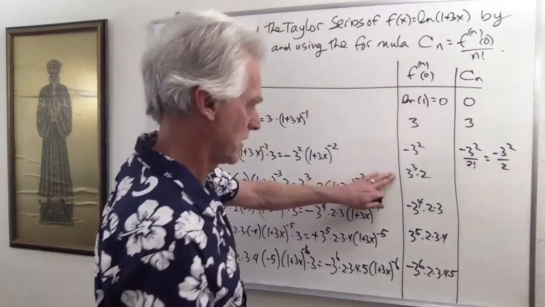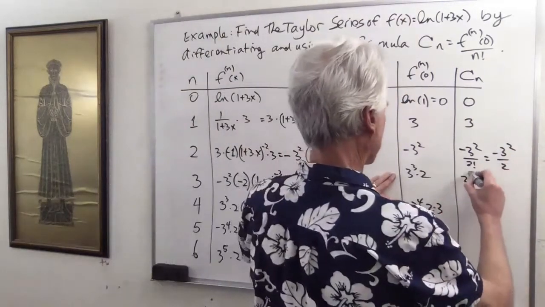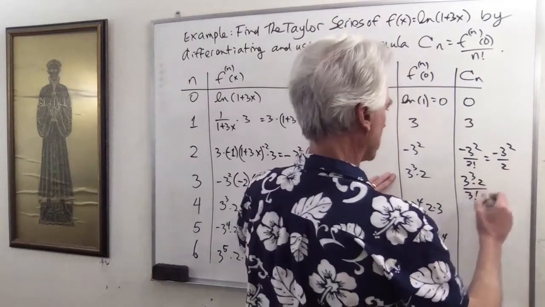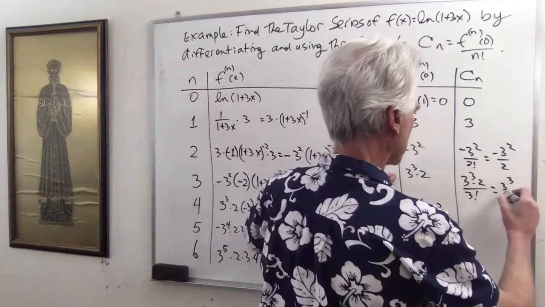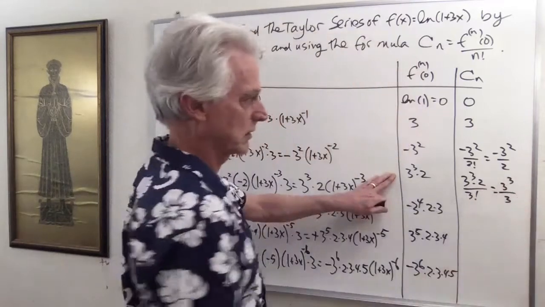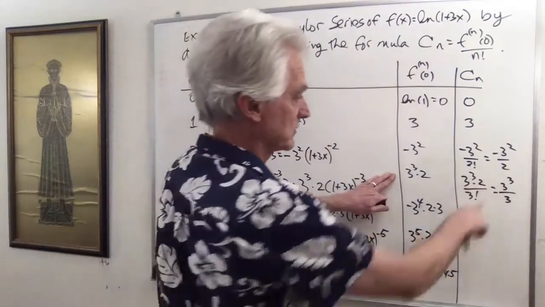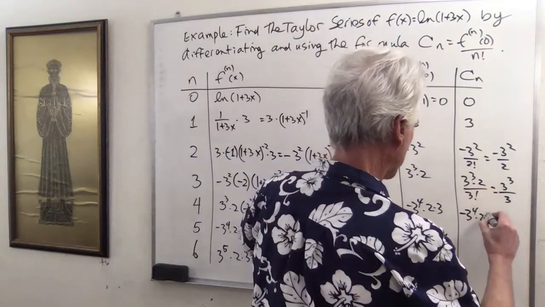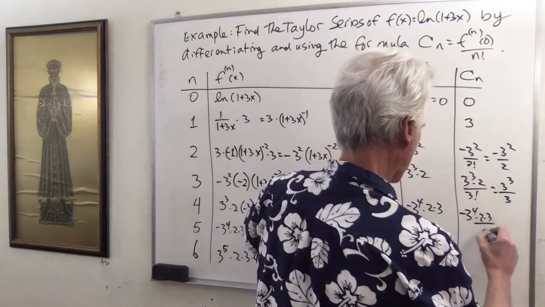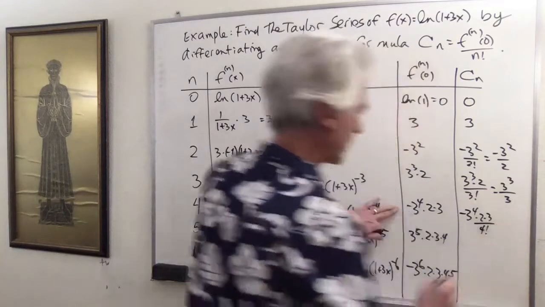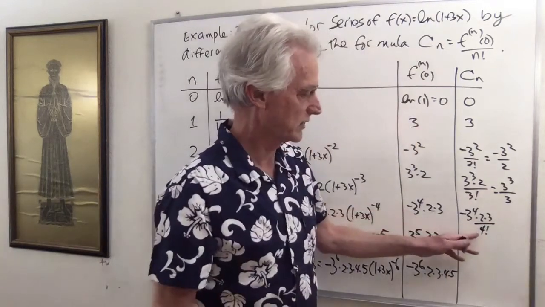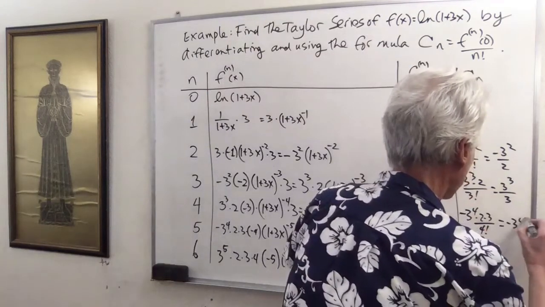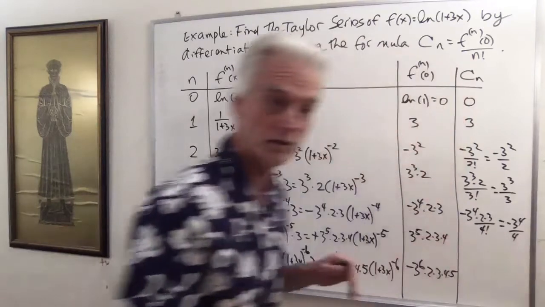Then 3 cubed times 2 over 3 factorial gives me 3 cubed over 3, because 2 over 3 factorial is just 1 over 3. Then minus 3 to the 4th times 2 times 3 all over 4 factorial. Well, 4 factorial is 2 times 3 times 4, so I get minus 3 to the 4th over 4.